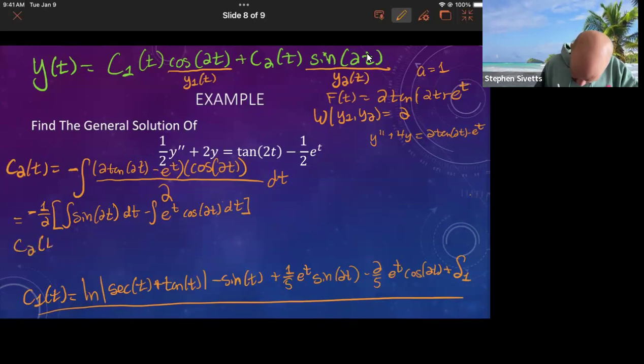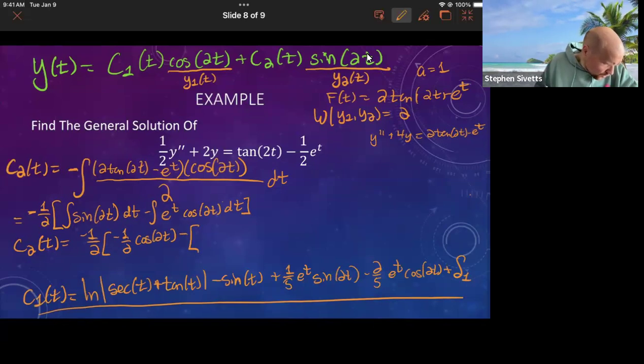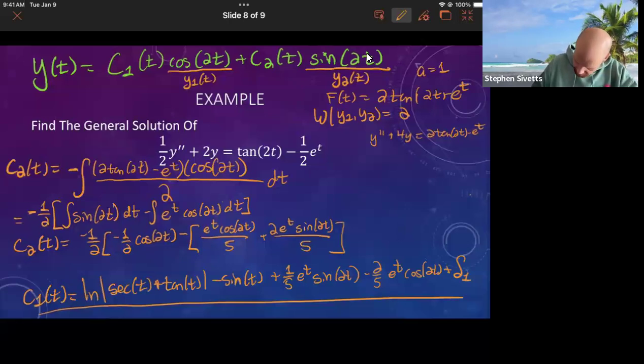But C2 of t should equal minus 1/2 cosine 2t minus, so I'll have e to the t cosine 2t over 5 plus 2 times e to the t sine 2t over 5, plus a delta 2.